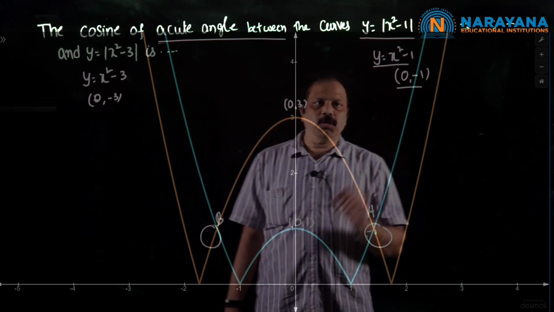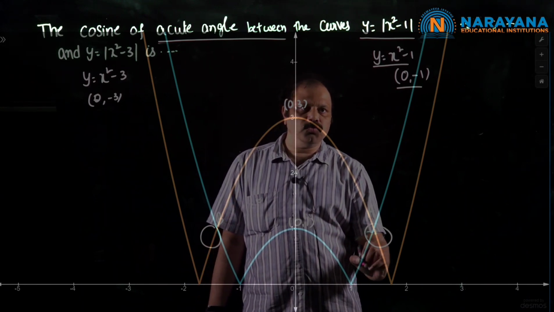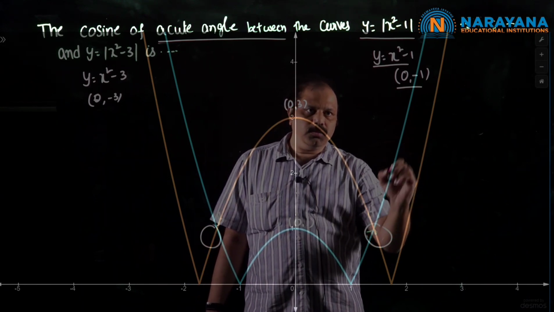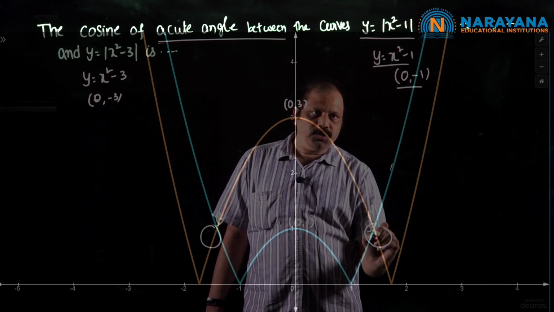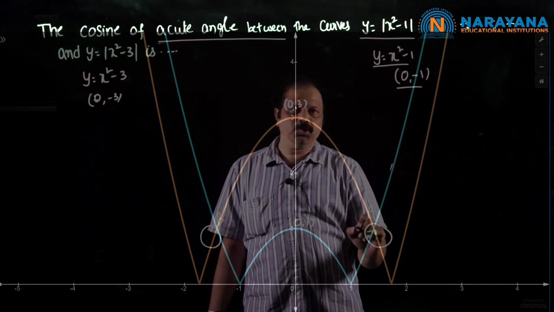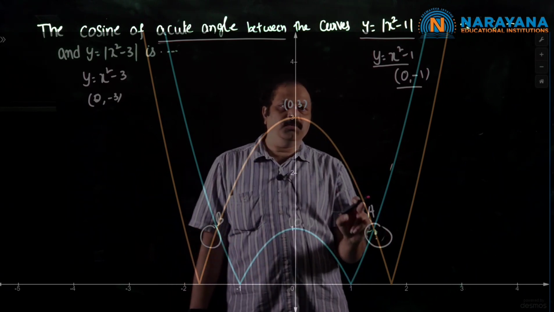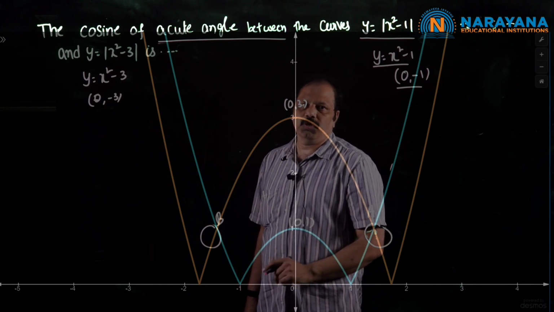Now, let us solve. Here this blue curve is the original curve. This point of intersection is obtained by taking the original y equals x squared minus 1 and the image of y equals x squared minus 3.